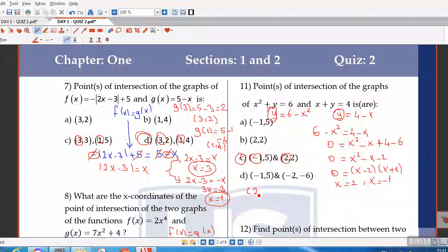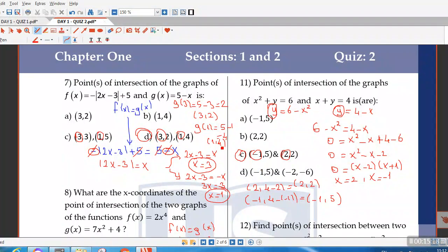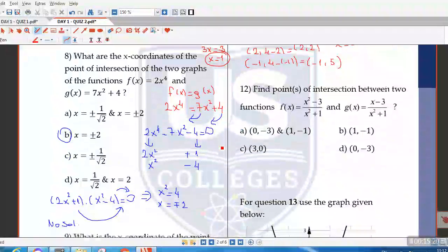Write 2 in one of the functions, which is easy. y is equal to, if I use the second equation, 4 minus x, 4 minus 2, 2, and 2 is one of the points. Negative 1: 4 minus negative 1, so negative 1 and 5 is the other point. Answer is C.